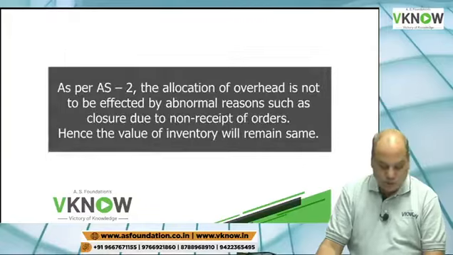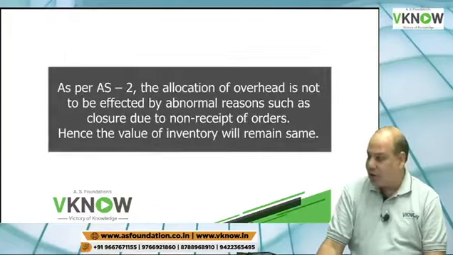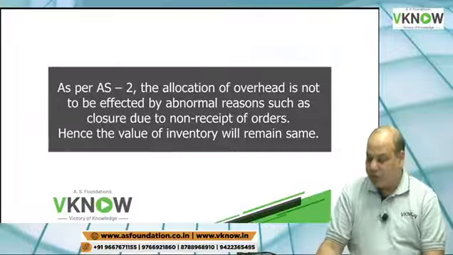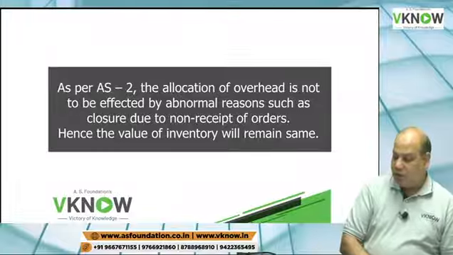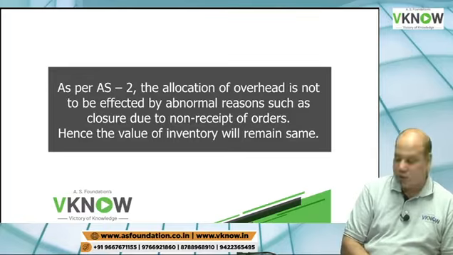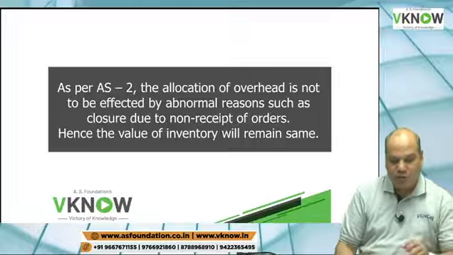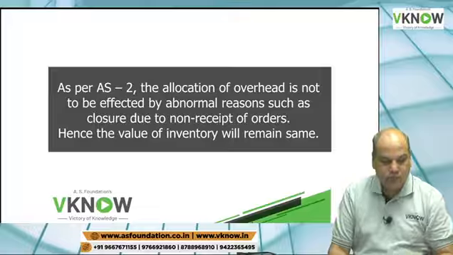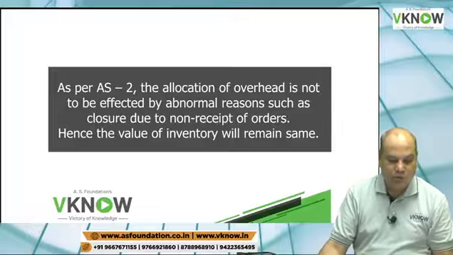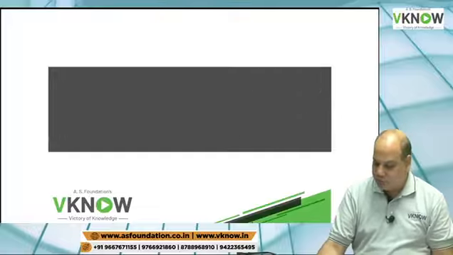And one more note you will write, that as per AS2, the allocation of overhead is not affected by abnormal reasons such as closures due to non-receipt of order. Hence, the value of the inventory will remain the same.